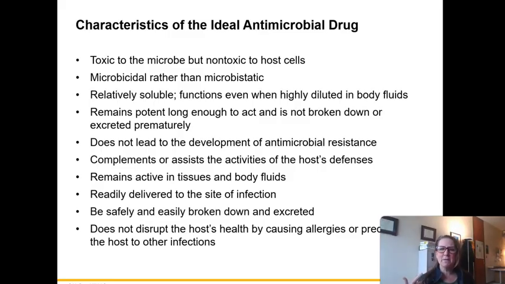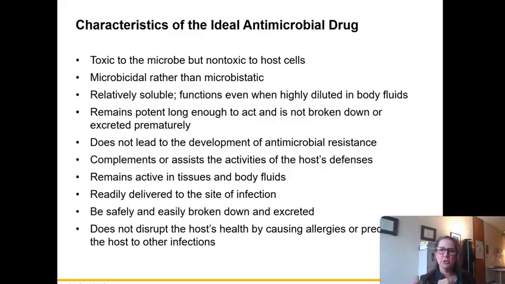So we have to think about drugs that are going to target something about the bacterium or something about a virus, or if we're talking about protists or worms, we need to target something unique about the cells of the actual microorganism that is causing the infection. Okay, so that's tricky, as you might imagine.